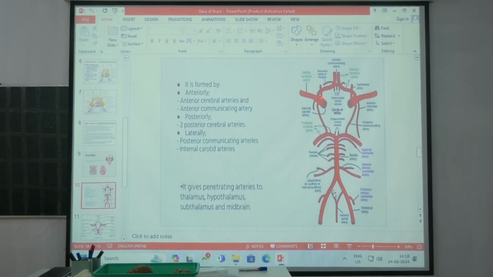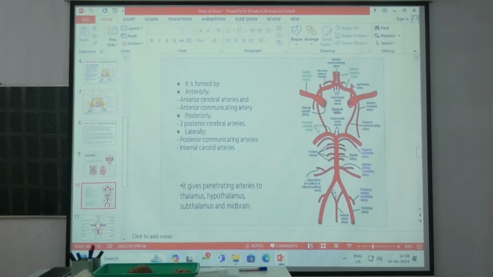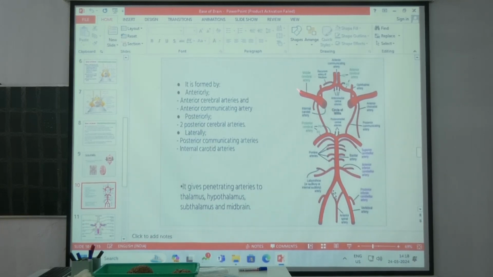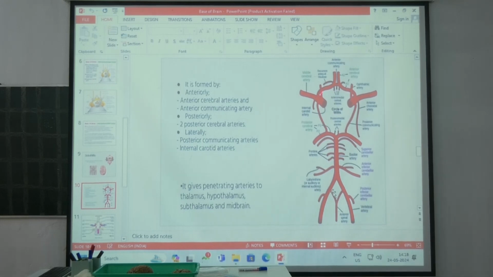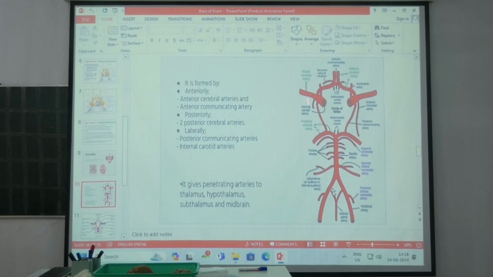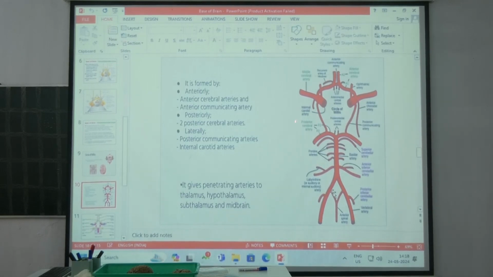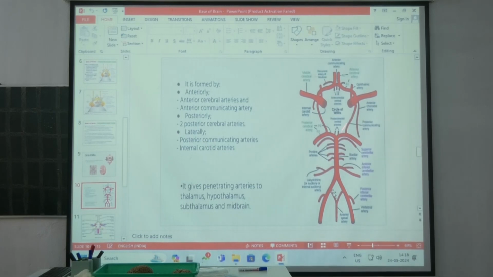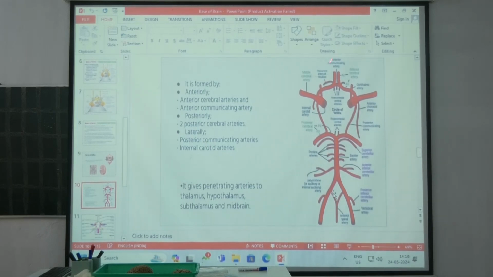Here is the middle cerebral artery. The internal carotid artery gives this branch, the middle cerebral artery, and the anterior cerebral artery. The middle cerebral artery is connected to the posterior cerebral artery by these connecting arteries, known as the posterior communicating arteries.